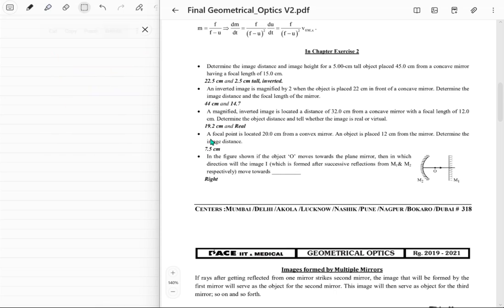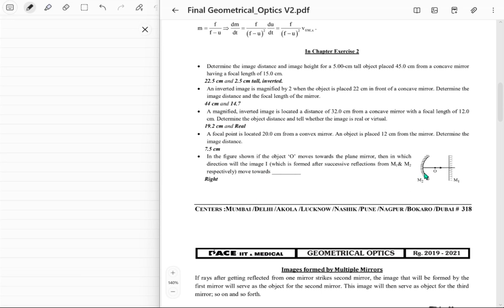Right. This is understandable. In the figure shown, if the object O moves towards the plane mirror, then in which direction will the image I1 move, which is formed after successive reflections from M1 and M2? Object O moves towards this plane mirror. Oh, so, right. In which direction will the image I1 be formed? Okay, move towards.